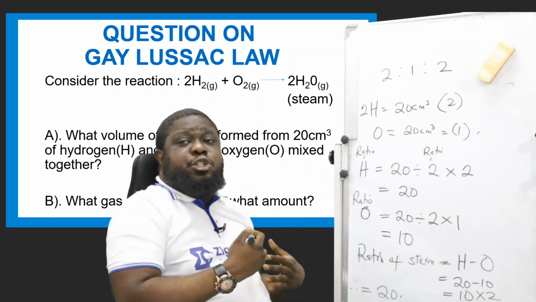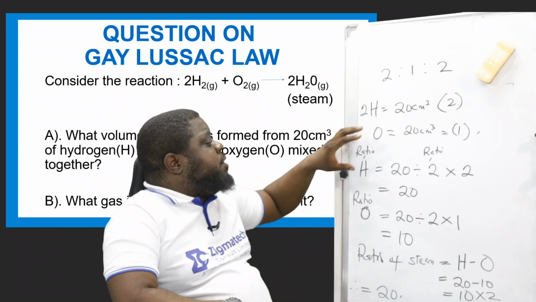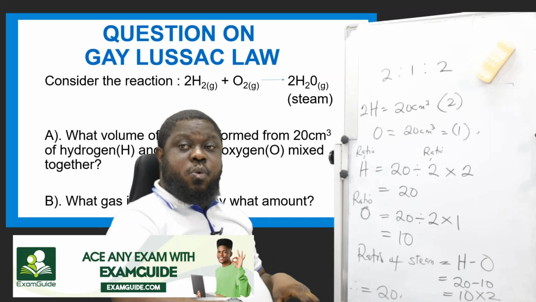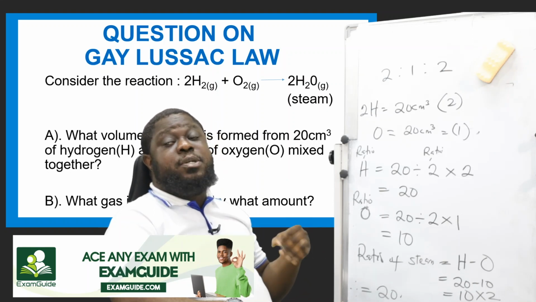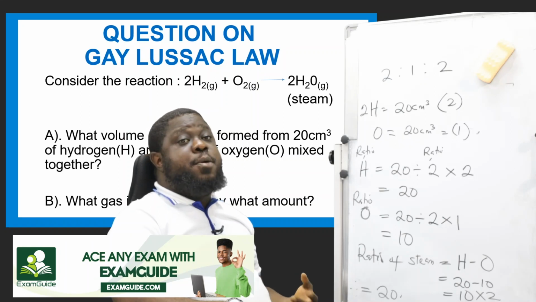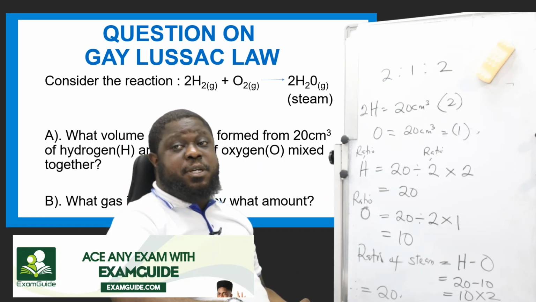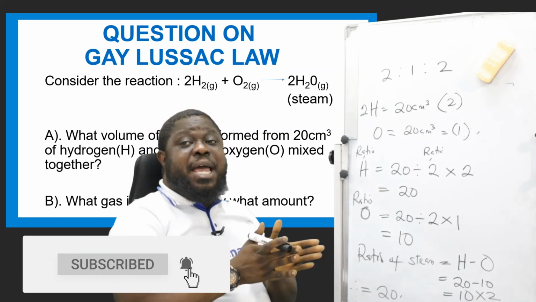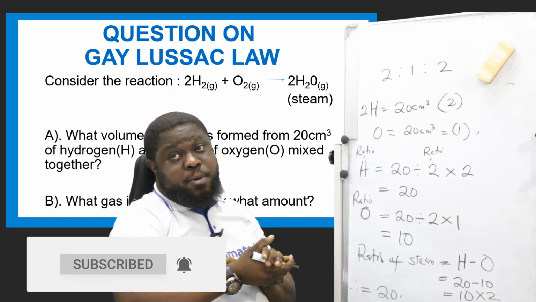Now to check the ratio constructively, you have to divide by the subscript, which is 2. There's a small 2 there. That 2 is a subscript. I told you that any number at the base of an element represents the subscript, its number of atoms in that element. But the one that's written together with the element represents the number of molecules.